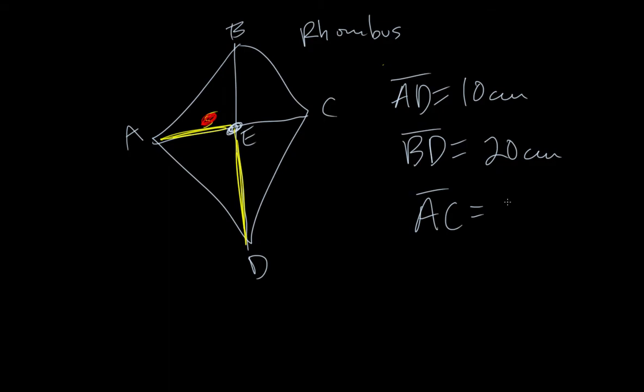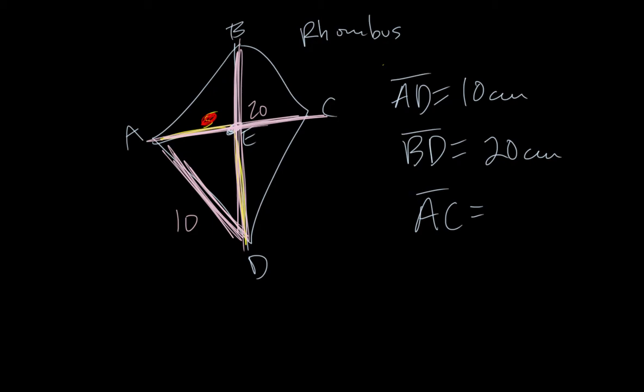Okay, so AD right there is 10, BD, this entire thing, is 20, and then find AC.